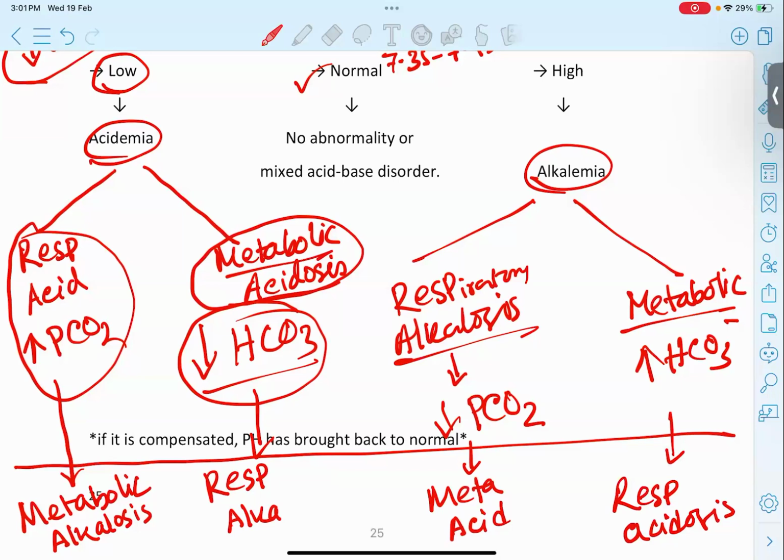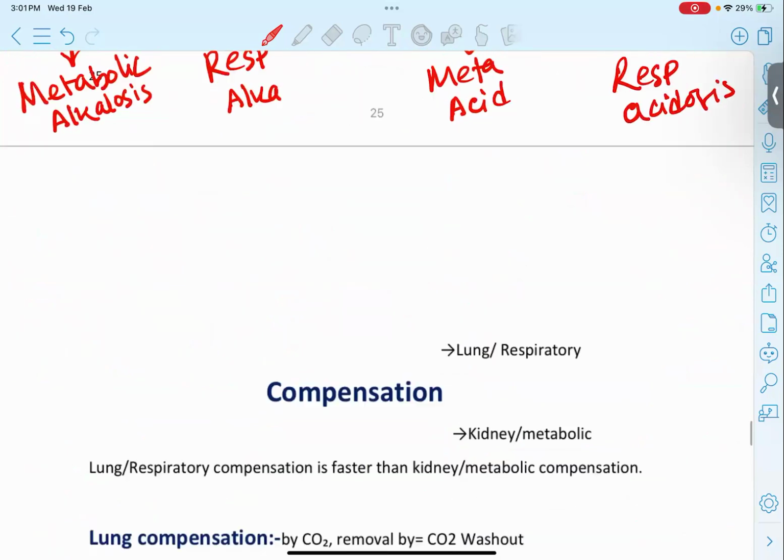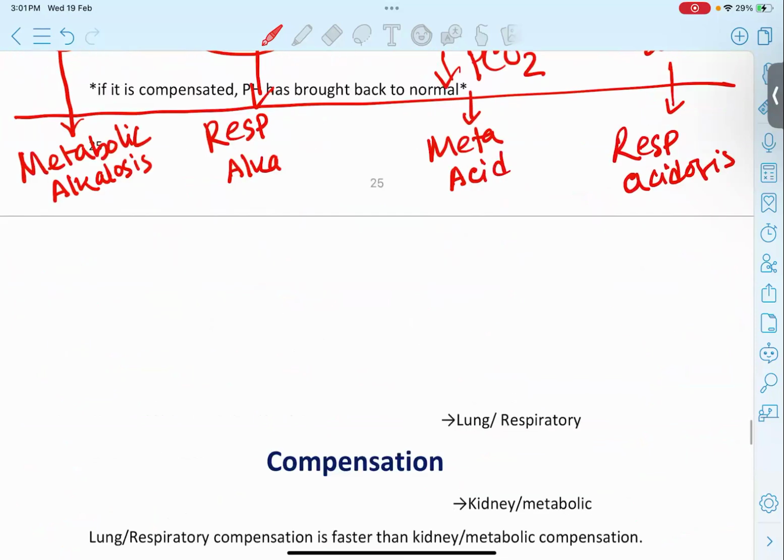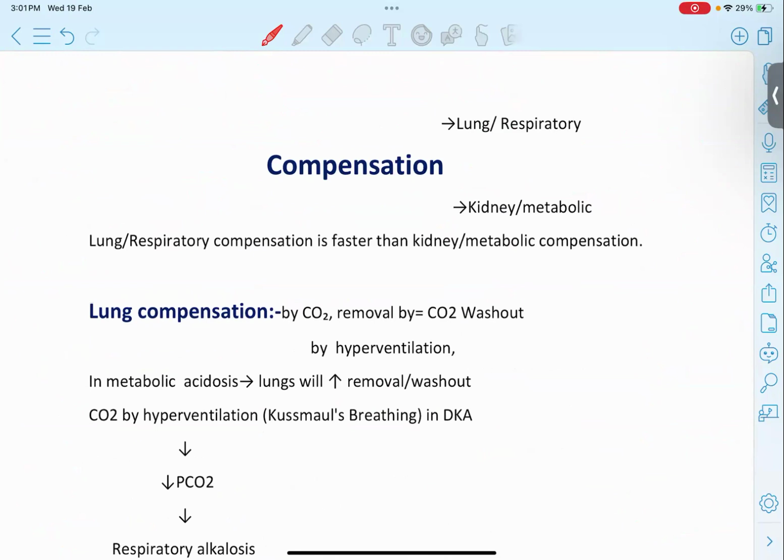So compensation will be done by the opposite term to bring back the pH to normal, because whether it is metabolic acidosis, alkalosis, whatever it is, the body wants to bring back the pH to normal, to function normally.